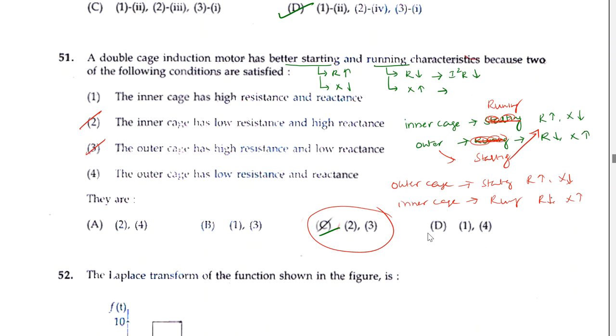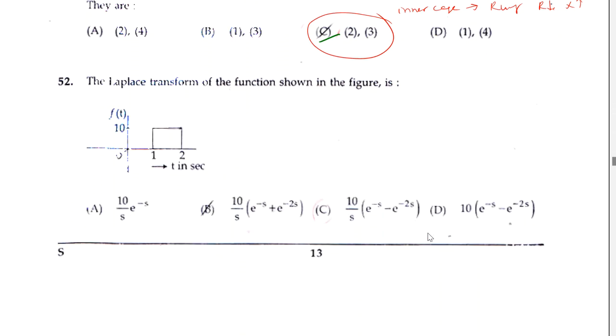Next one, the Laplace transform of the function shown in the figure. In the figure they have given a step function, starting from t equal to 1 to t equal to 2 seconds. For that we need to find the Laplace transformation.